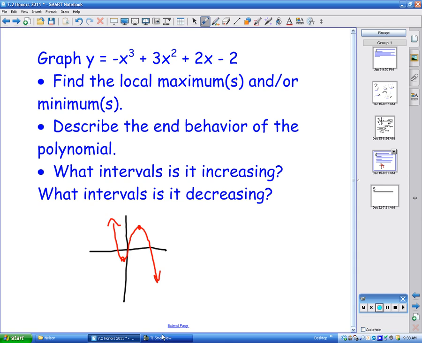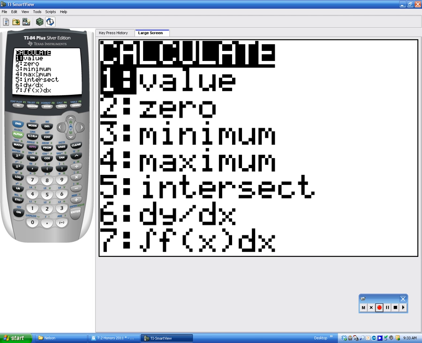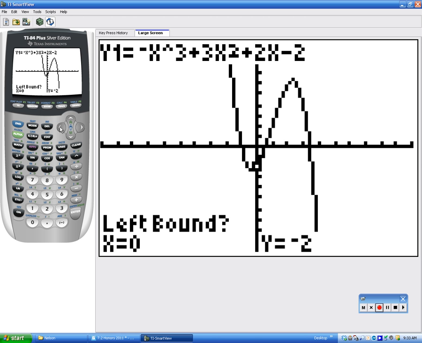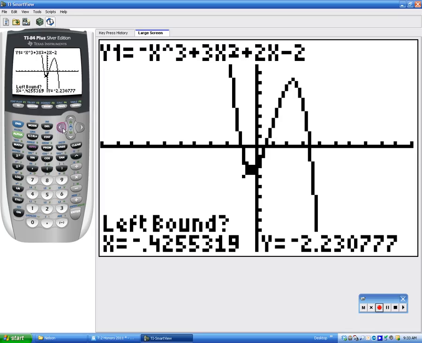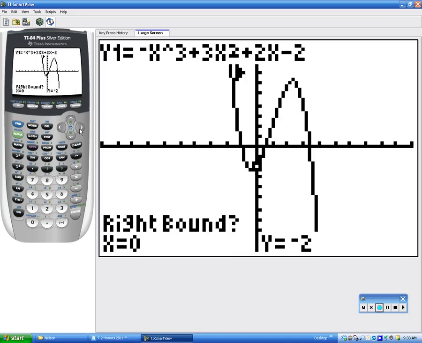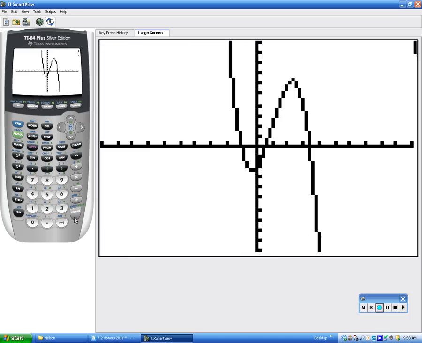So the minimum, if you recall, we go second, the trace button. Minimum is the third one. And then left bound, we just want to make sure we're on the left of that minimum. Maybe one more. Hit enter. Right bound, make sure we're on the right of the minimum. Hit enter. And then guess, you can just hit enter.